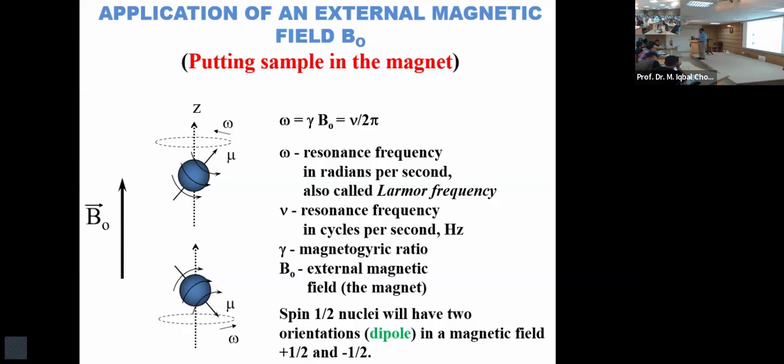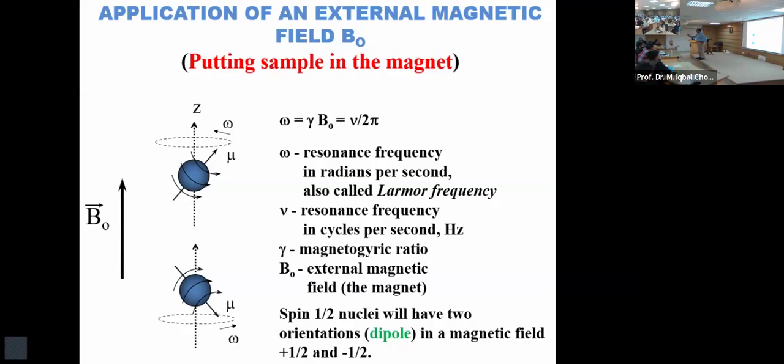You know why? Basic fundamental fact. If a small tiny magnet has to survive in a large magnetic field, it has to do something. Right? Survival required this precession frequency. Okay. So this precession frequency, which is also called Larmor frequency, is the key to NMR spectroscopy.